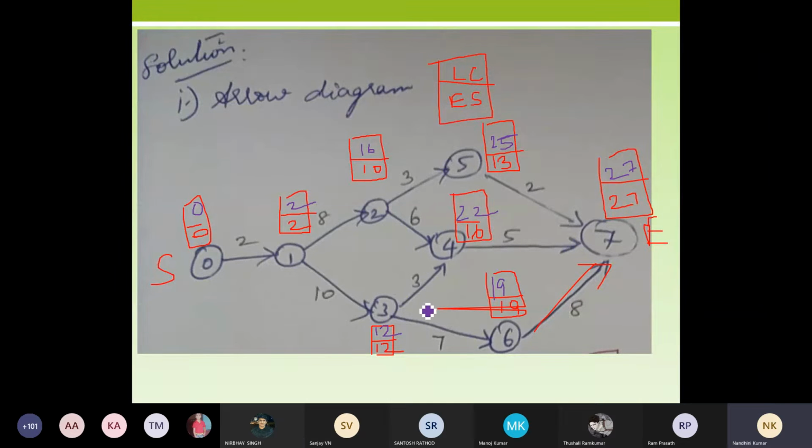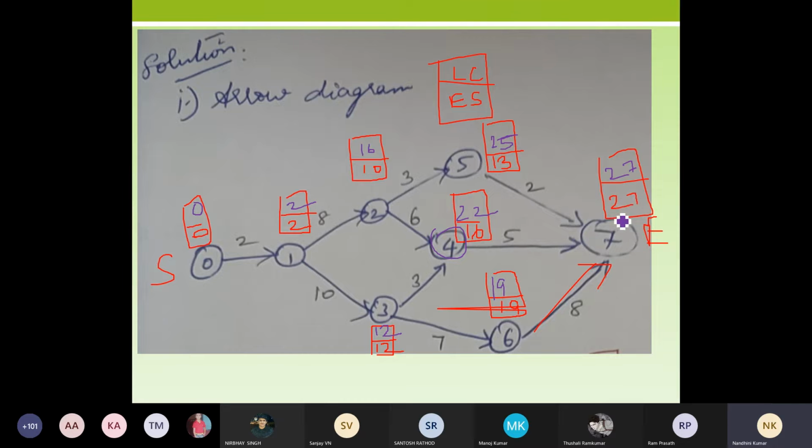When you go by your early start calculation, you choose only the maximum value, which means the path you're leading will be your critical path. At the fourth node you take only the maximum value, and again at the seventh node you take only the maximum value. So you're making your durations only at the maximum, and that will lead you to the critical path. That is, 27 is your total duration.